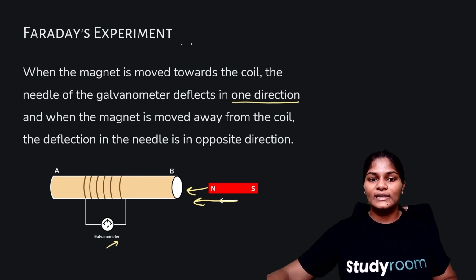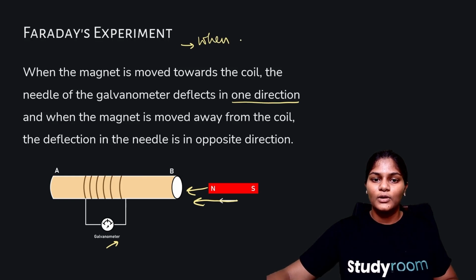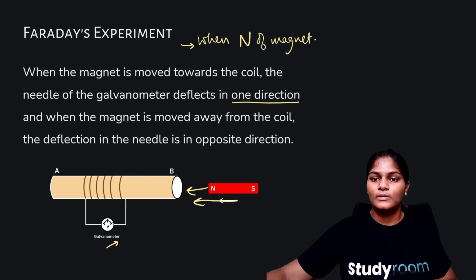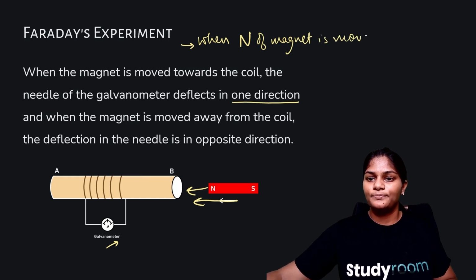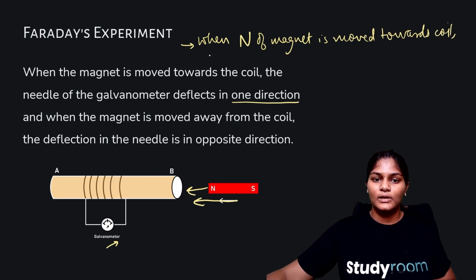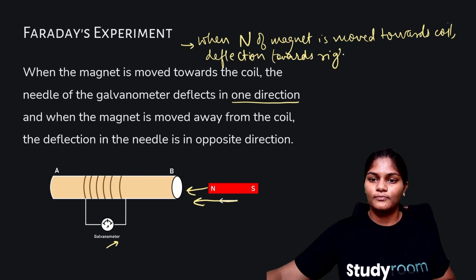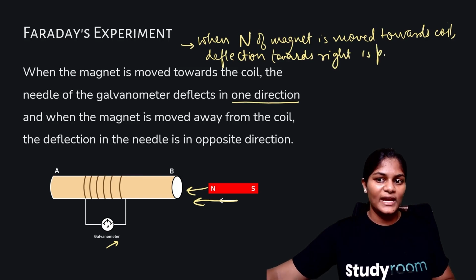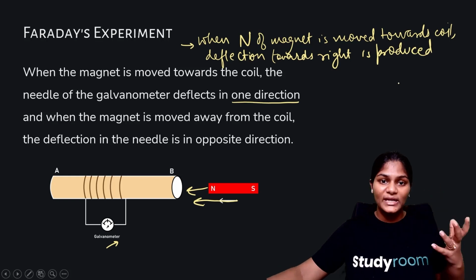So now we can write that when north of magnet is moved towards coil, deflection towards right is produced. We can see this in the figure. I'm saying it according to the figure. I'm not making this up.